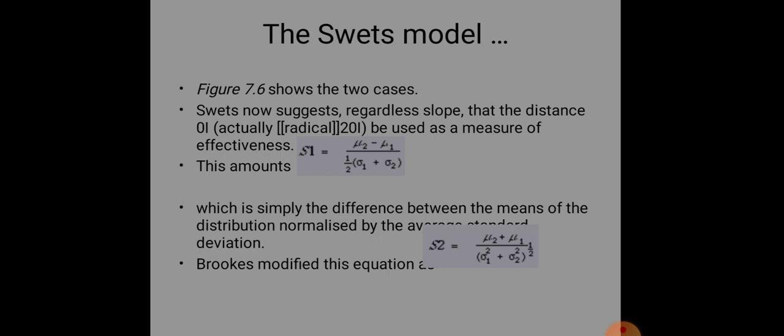Sigma is the standard deviation and sigma squared is the variance. So Brooks modified the Swets equation as mu2 plus mu1 divided by the root of sigma 1 squared plus sigma 2 squared. Instead of the standard deviation, Brooks is considering the variance of the distribution.